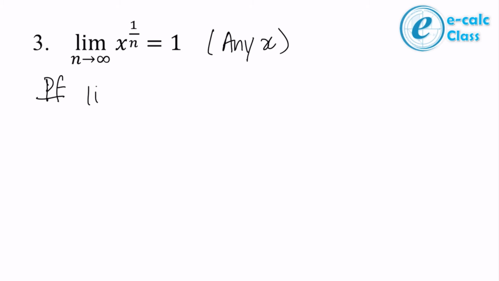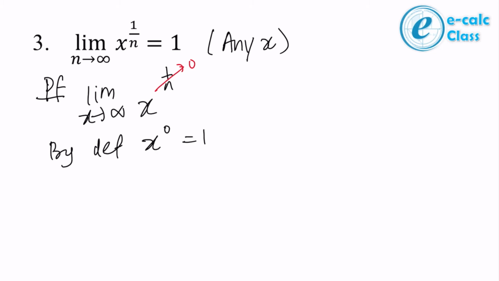The limit as n approaches infinity of x to the 1 over n: if you plug in infinity, the exponent is just going to be 0. And by definition, anything raised to the 0 power is equal to 1, except for 0. So the limit of x to the 1 over n is equal to 1. End of proof. See, we proved it in like 2 minutes.